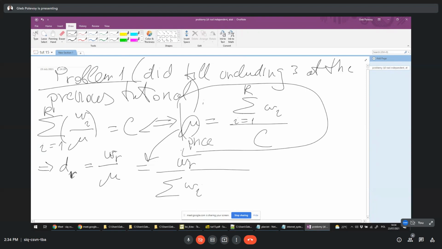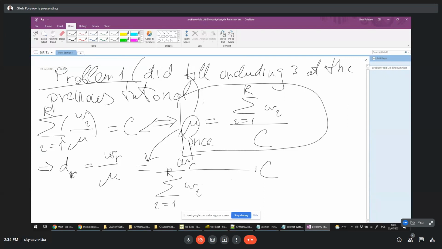I apologize for this notation. It's from the book. I don't remember why they don't use P. Probably they already ascribe some other meaning to that letter. Anyway, so i equal to 1 till R, times C. So that's just the proportional allocation.